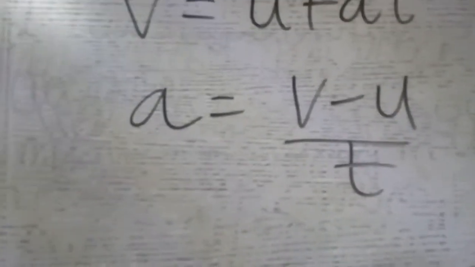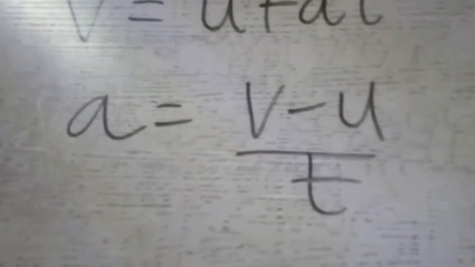We can use our v equals u plus at again. Then we're looking for acceleration, but here we can say acceleration is v minus u over t, if you make acceleration the subject of the formula, and that is the definition of acceleration initially. So what is our final velocity? That is 9. It reached 9 from where? From 5. 5 is the initial.